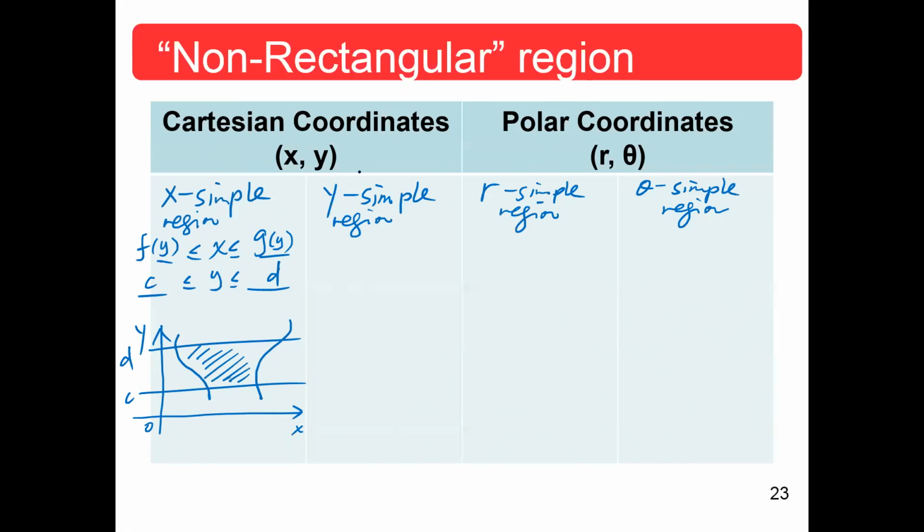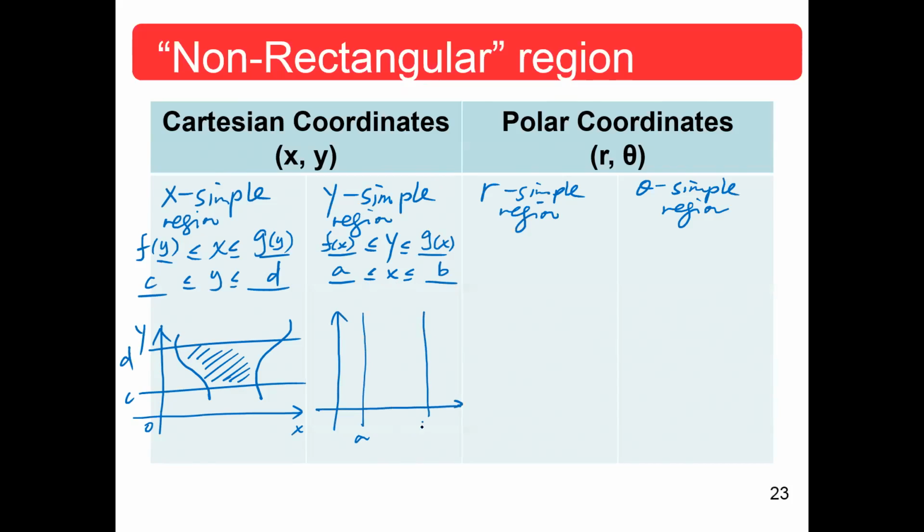Y simple, let's recall what we talked about last time. Y simple means Y needs to be bounded by two functions of X, say f(x) and g(x), and X needs to be bounded by two constants, A and B. The graph looks like X bounded by two constants, A and B, and Y would be bounded by two functions.